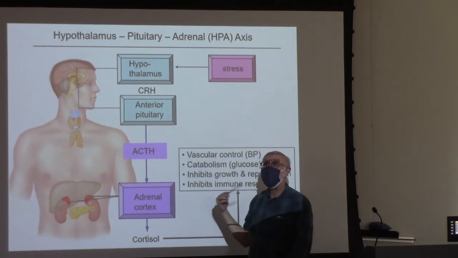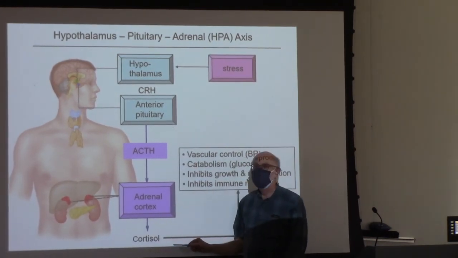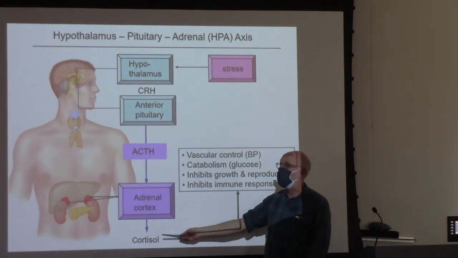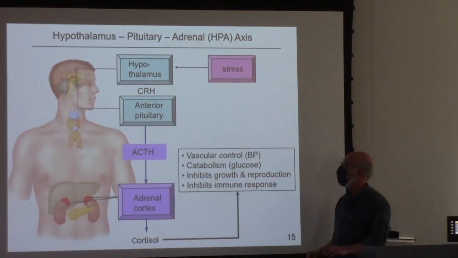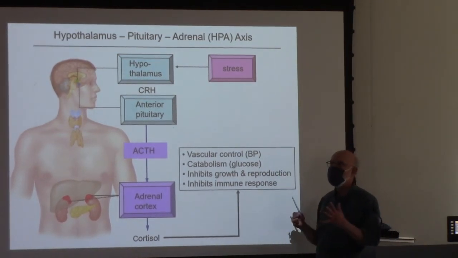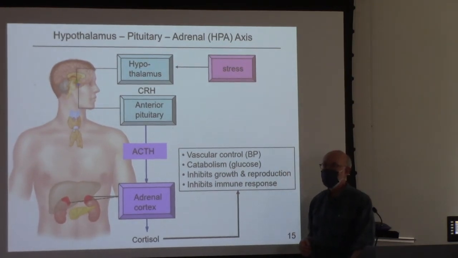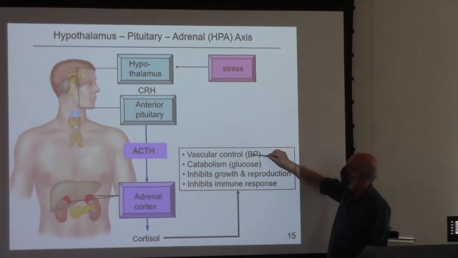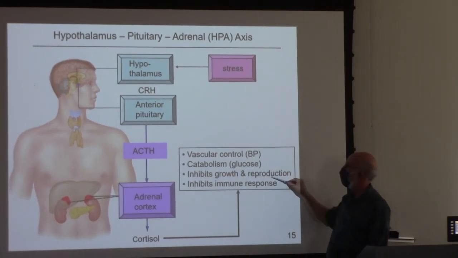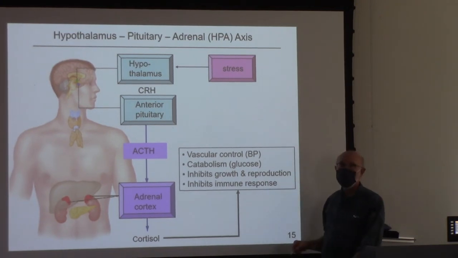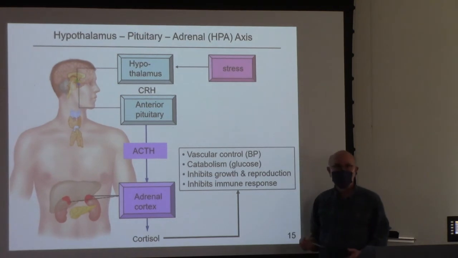ACTH, its target is the adrenal cortex, where it triggers the release of cortisol. And cortisol has multiple effects that are essential, not just during stress, but during regular life. Blood pressure control, blood glucose control, growth and metabolism control, immune responses are all effects of cortisol.